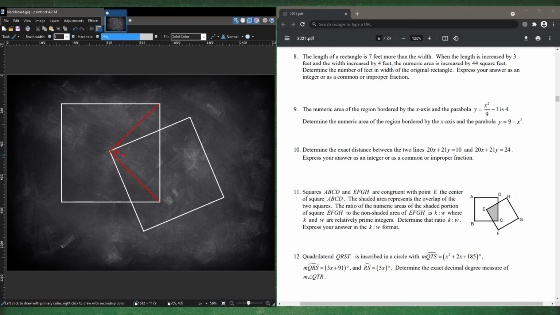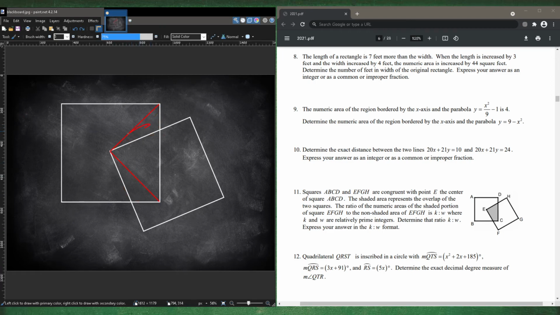But we just said that this angle plus this angle is 90 degrees. So since they share this angle, this angle and this angle have to be exactly the same. So now we found three things that are the same. So this angle is the same as this angle is the same as this, and these two angles are the same. So that means this triangle is exactly the same as this triangle.